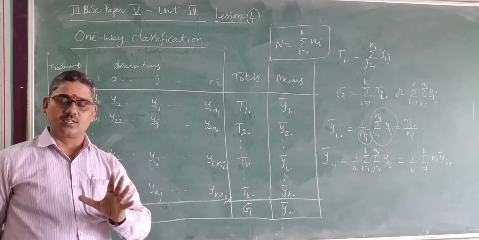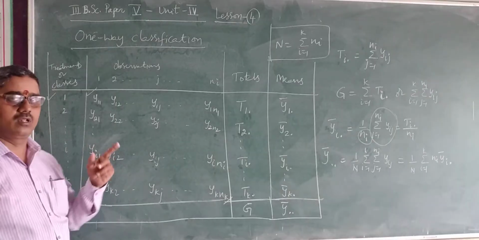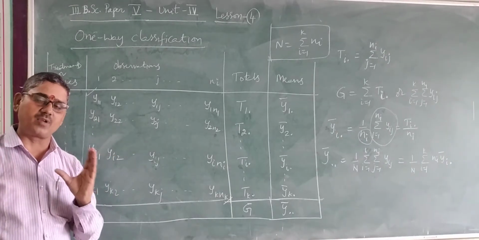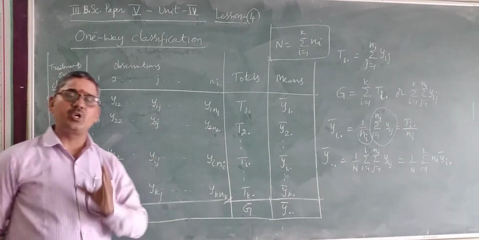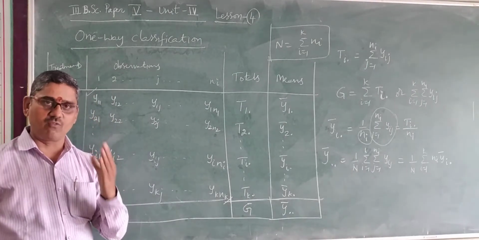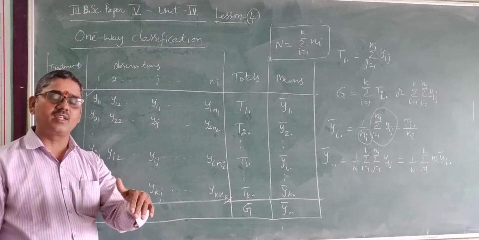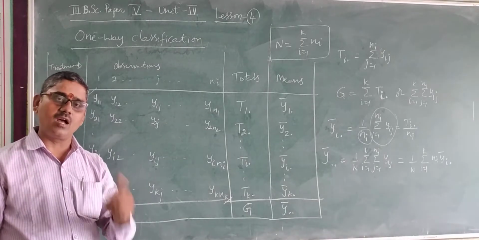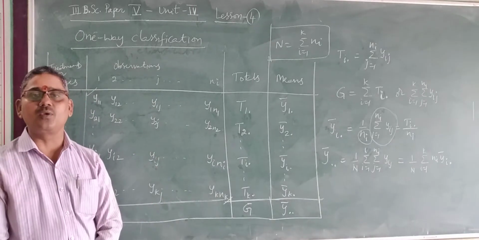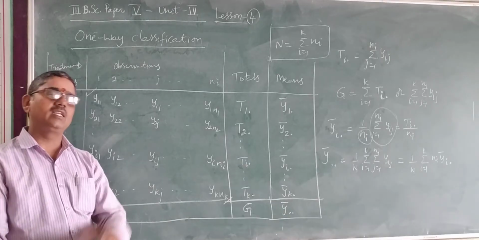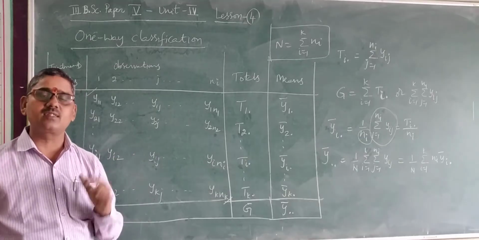The k classes consist of the observations in this fashion: whatever variable capital Y we consider of the population is divided into Yij observations, capital N observations, represented in terms of Yij, i is equal to 1 to k, j is equal to 1 to ni. That is, in a particular class, i is equal to 1 to k represents classes.